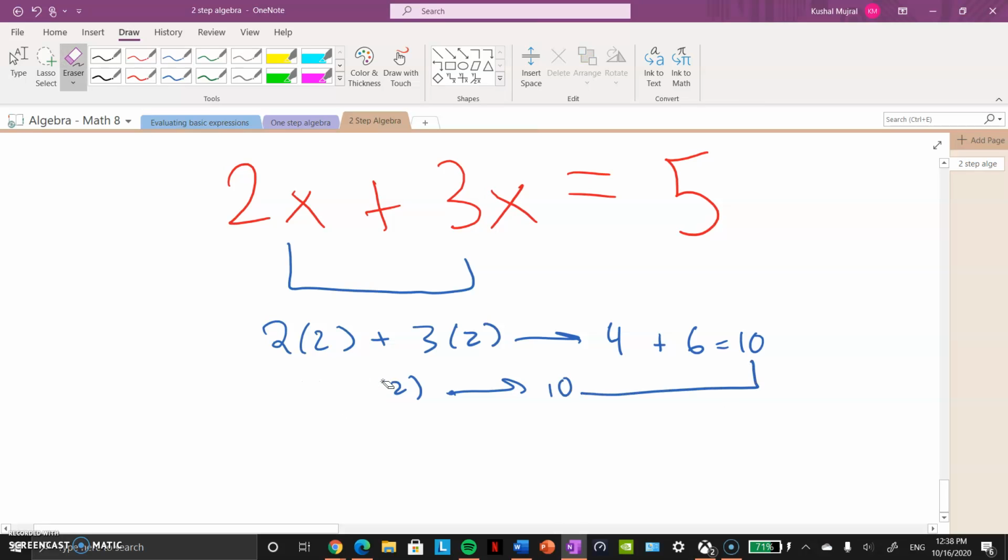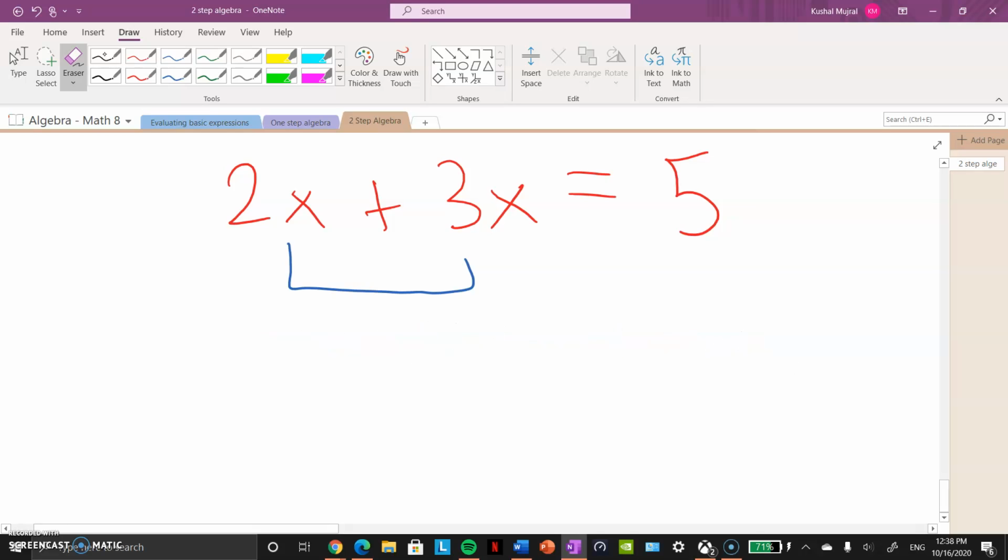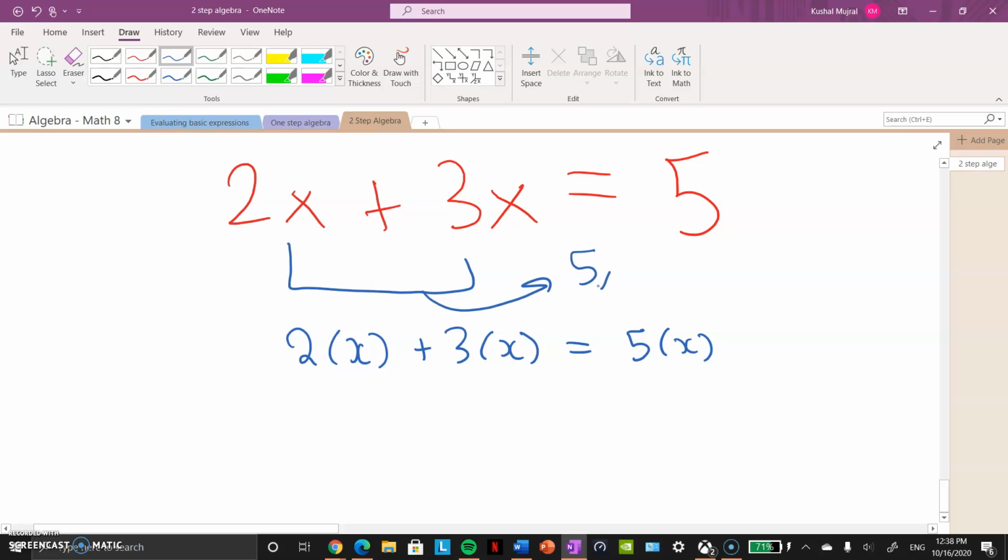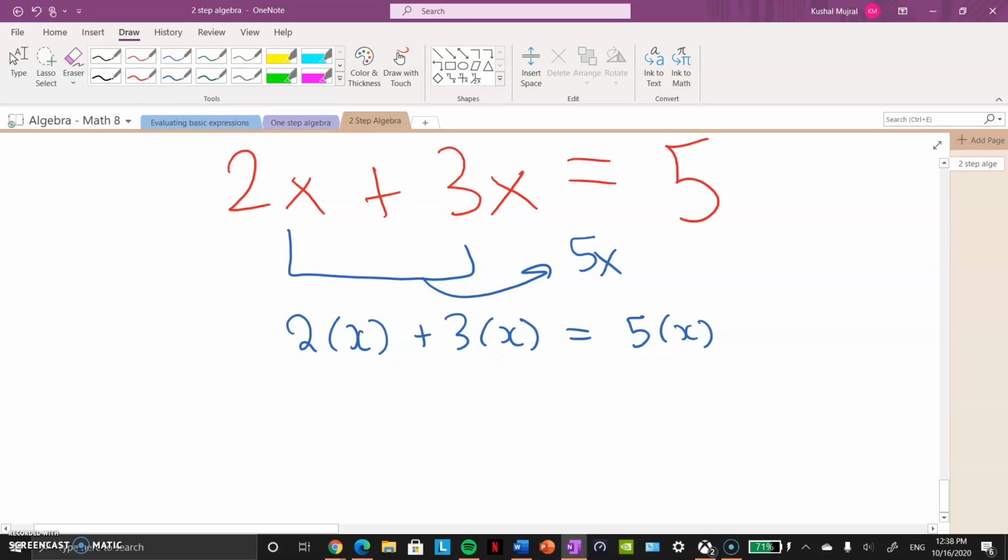So what this means is if 2 of something plus 3 of something is the same as 5 of that something, then I can just write this as 5x. Okay?